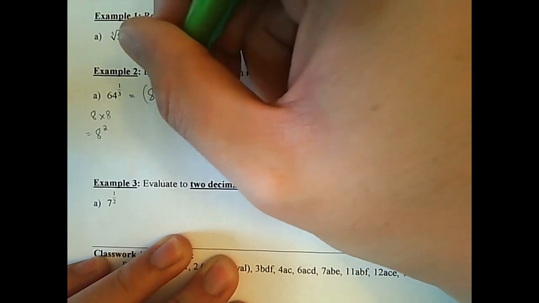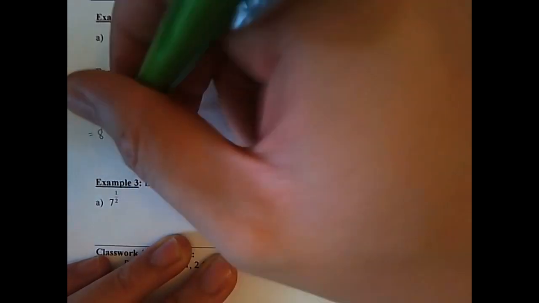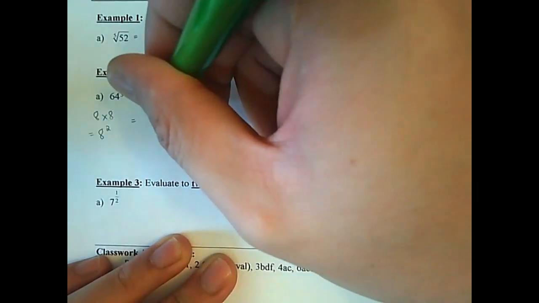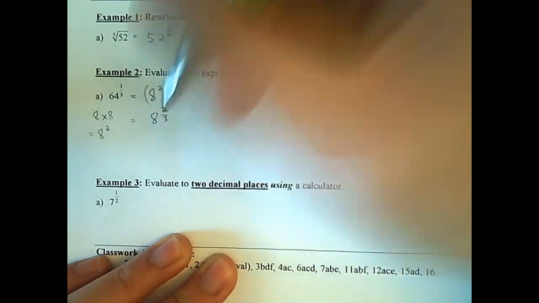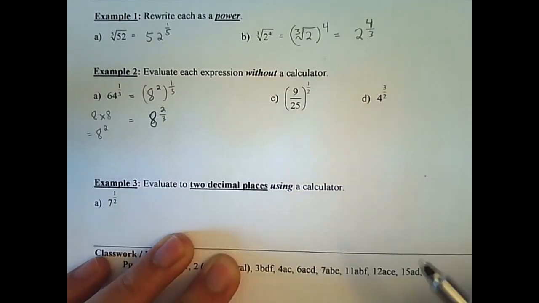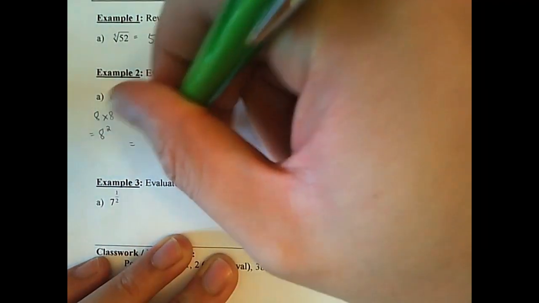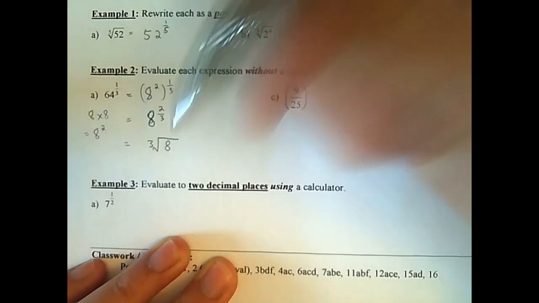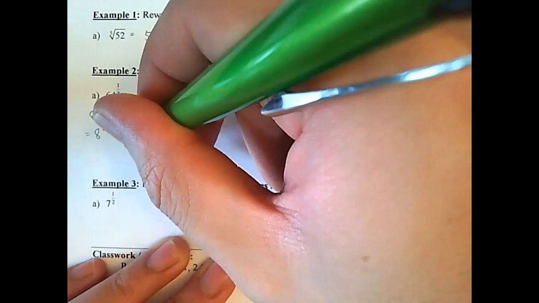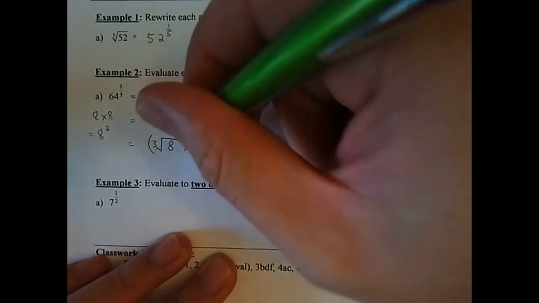times 1 over 3. Then using my exponent laws, I can multiply these. I get 8 to the power of 2 over 3. According to my definition, the denominator is going to be the root, so it's going to be the cube root of 8, and the 2 can be on the inside with the 8, or it can be on the outside.